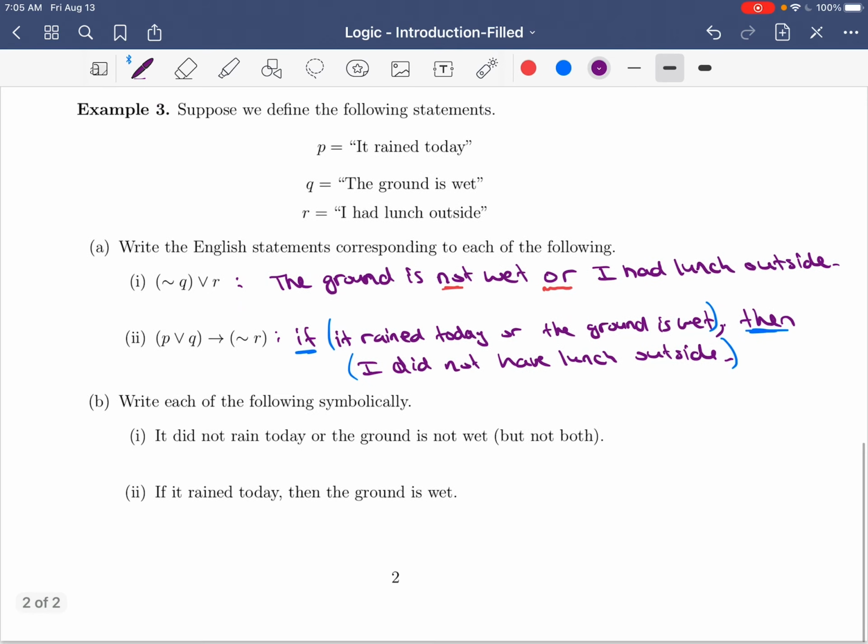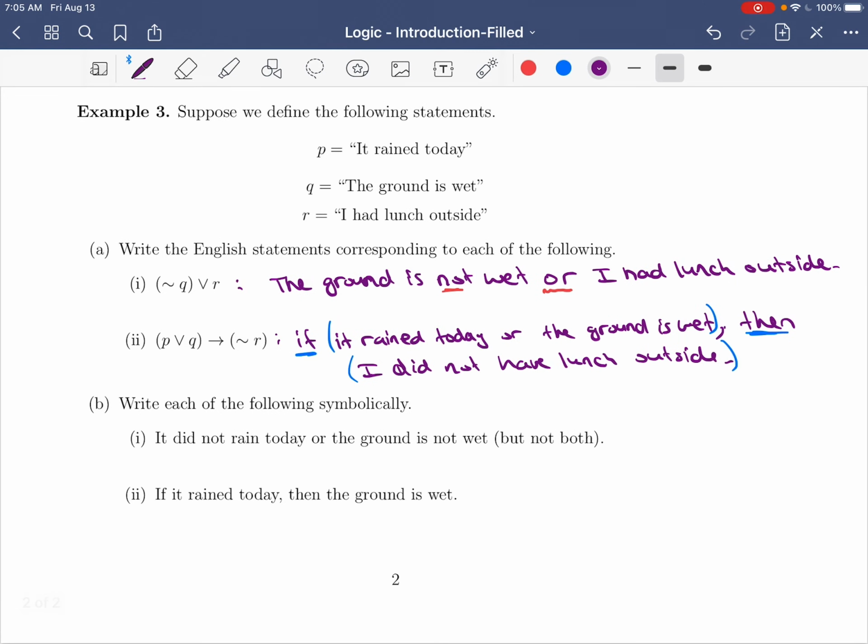So the harder way is to have a statement and try to turn it into notation. Okay, so try to turn it into the symbols. So let's try that a couple of times. So it did not rain today. Or the ground is not wet, okay, but not both. So I see the or, but I also see the but not both. So I'm thinking that I need to use an exclusive or, right? Because they're or, but not both of them happening.